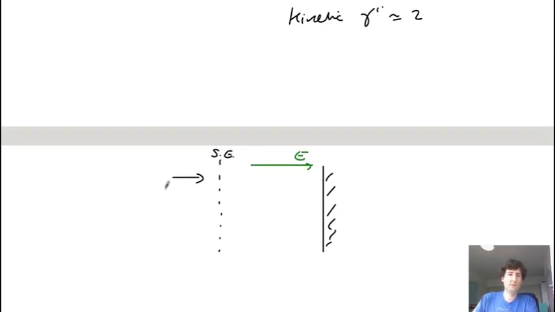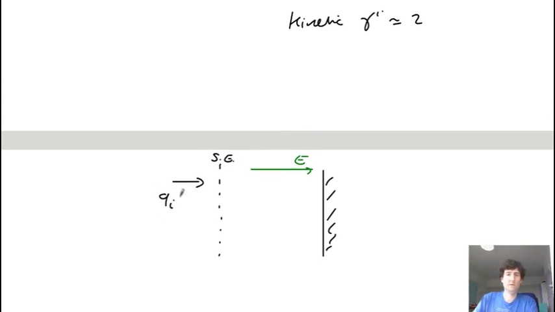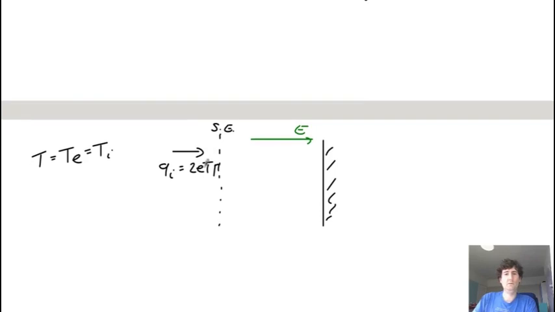At the sheath entrance, the ion power is basically 2 times T times the particle flux. So here we're going to assume just that T is the electron and ion temperatures, so for now we'll just assume that they're equal. So we have the 2 T times gamma in the ions, and then we have an electron heat flux as well, which is roughly 5.5 T times gamma.